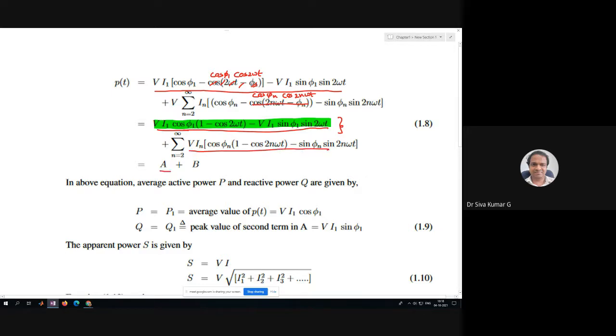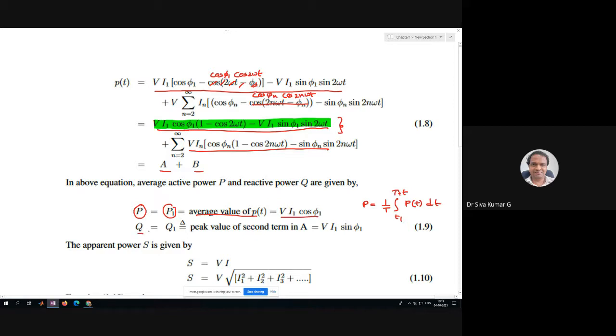Here we have the terms a and b. In these equations, the average power is only the fundamental, the P1. The P1 is equal to V1 I1, the average value of P of t. If you do the average power calculation over the period, taking P of t dt, we also get this particular equation, V1 I1 cos phi.